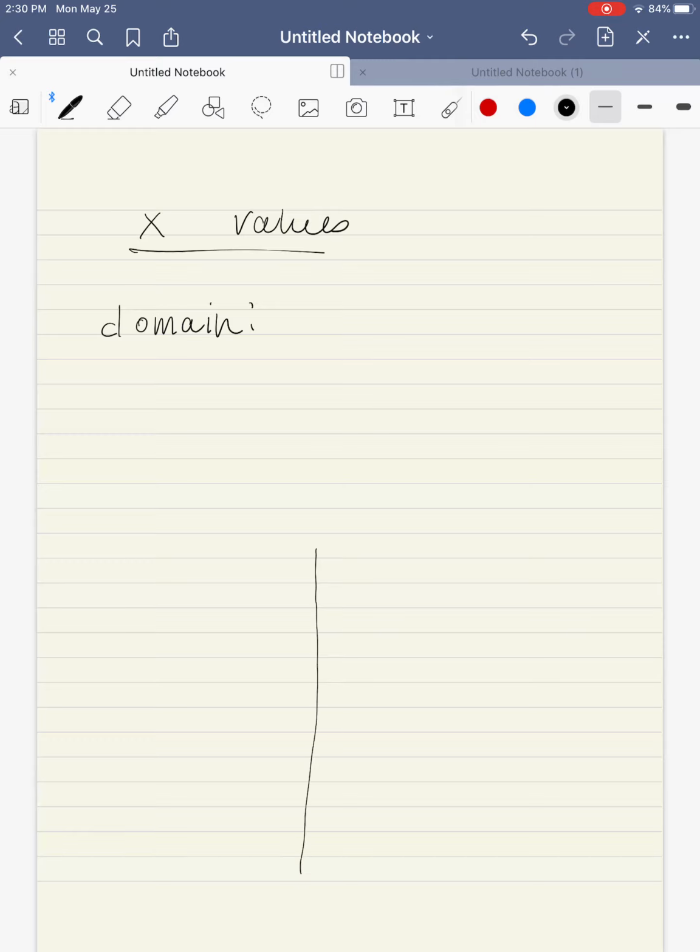I'm going to reproduce the same graph. We already saw that on this portion of the graph, y was decreasing. For this portion, y is constant. And for this portion, y is increasing. And we noted that with the x values.